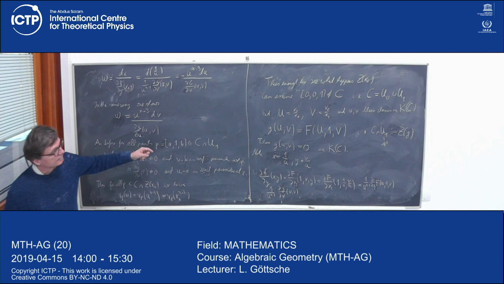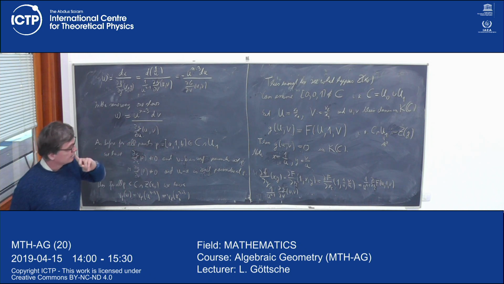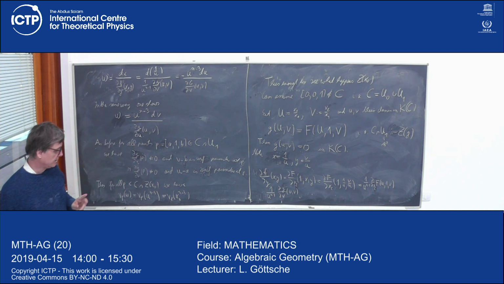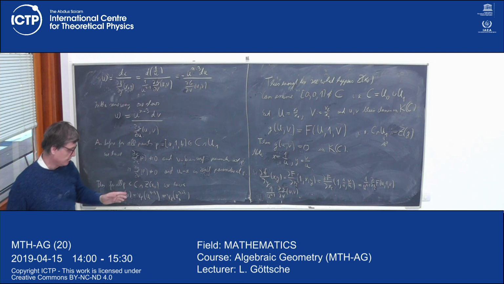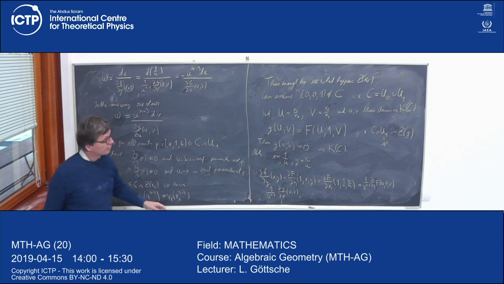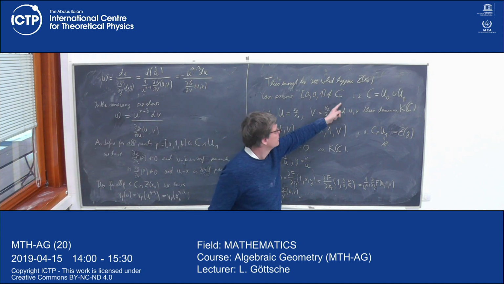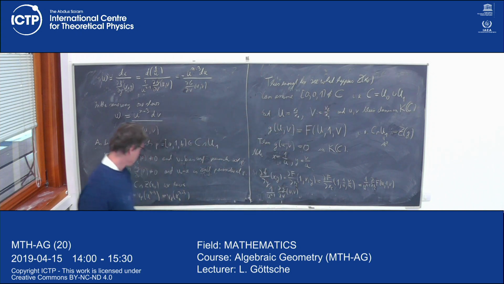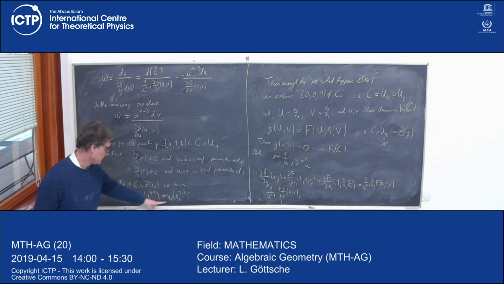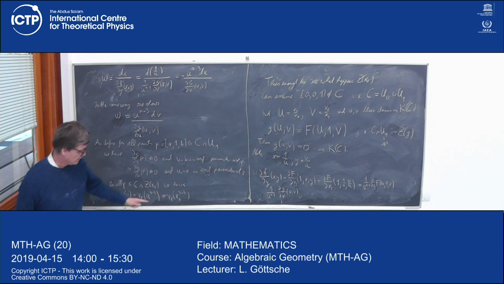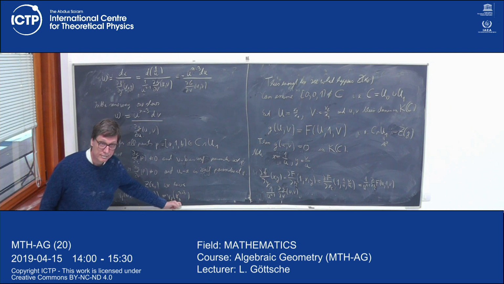There's no point on this line at infinity which lies on the curve. So therefore it is the same, and we know that the divisor of omega is the same as the divisor of x0 to the n minus 3.